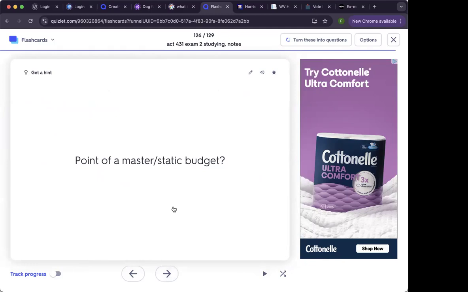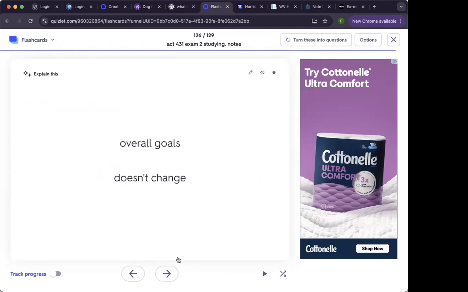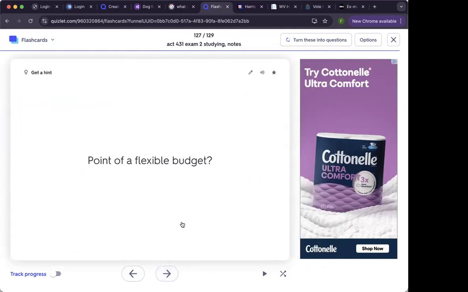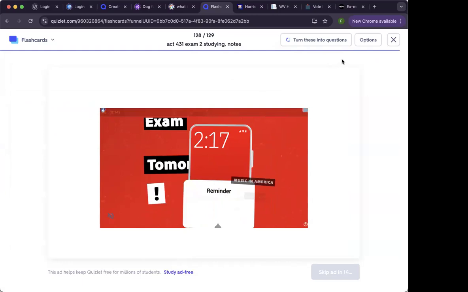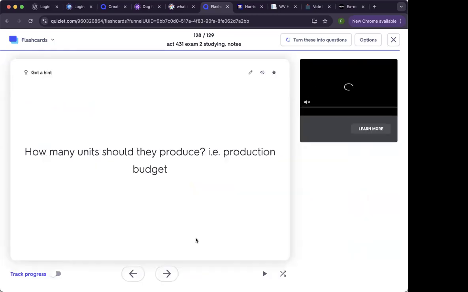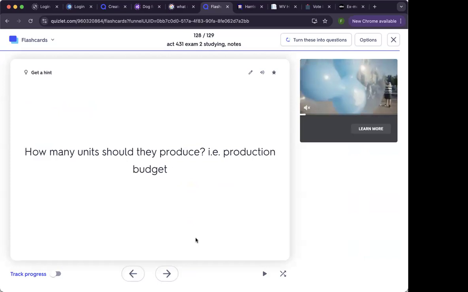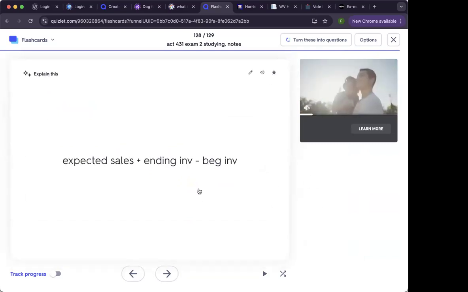Point of a master static budget: overall goals don't change. Point of a flexible budget: so you can actually make changes. How many units should they produce, i.e. production budget?